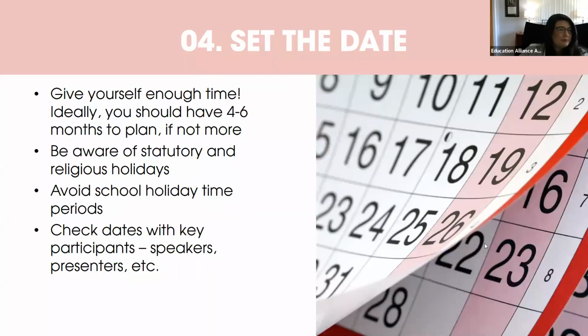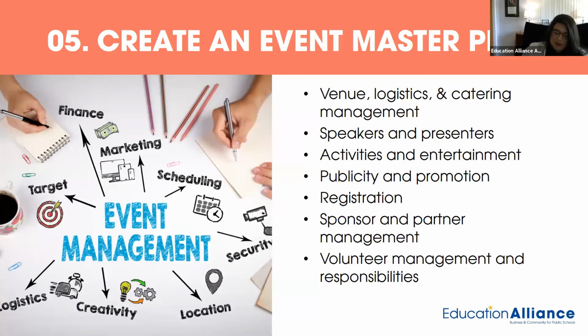Okay, so we will move on to step number 5, which is creating your event master plan. So once you've thought through your costs and your timeline, it's important to start making a plan. You're going to want to create a master plan that allows you to think through every aspect of your event before it happens, so that you can stay on track and also make it easier for you to coordinate.